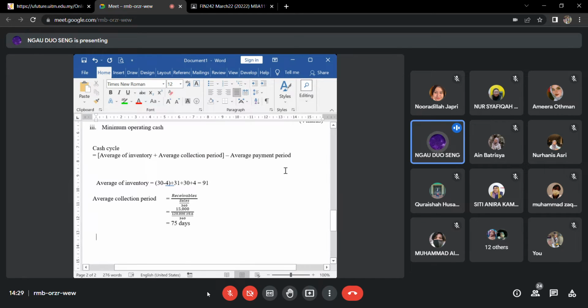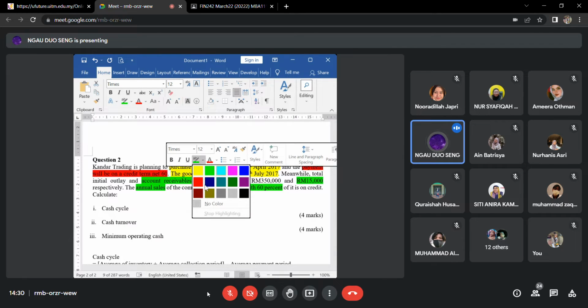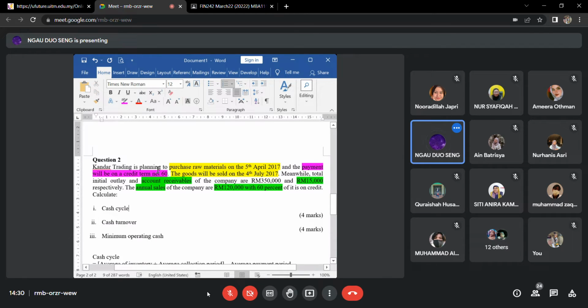Okay, then we have the average payment period. Here we check: purchase of raw materials payment will be on credit term 60, so we straight away take credit term 60.